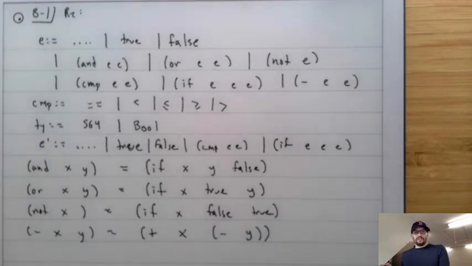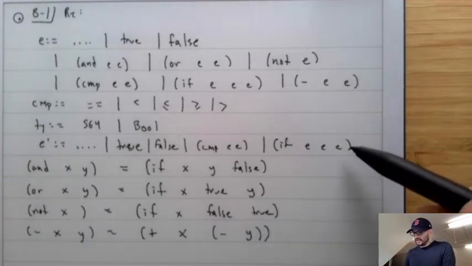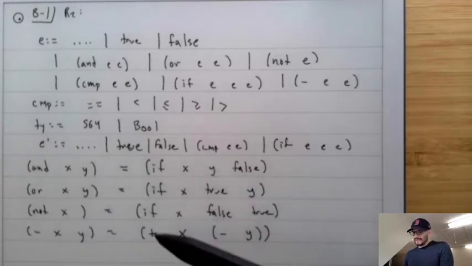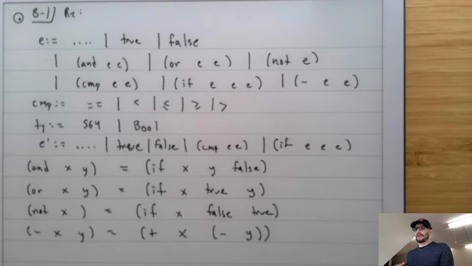And if you wanted to, you could actually just focus on compiling this because and, or, not, and subtract are really the same as those. Okay, that out of the way. Let's talk about how to interpret this language.